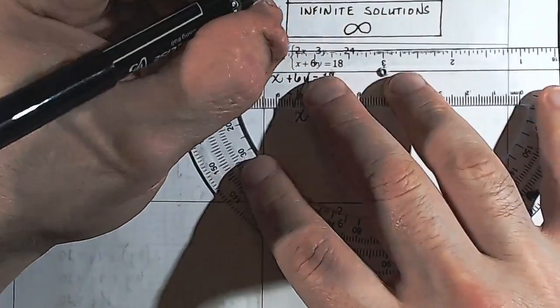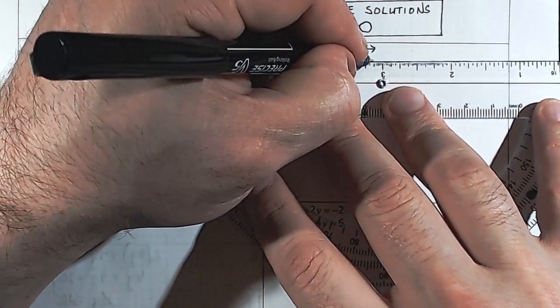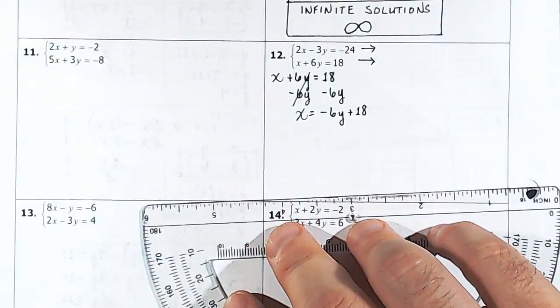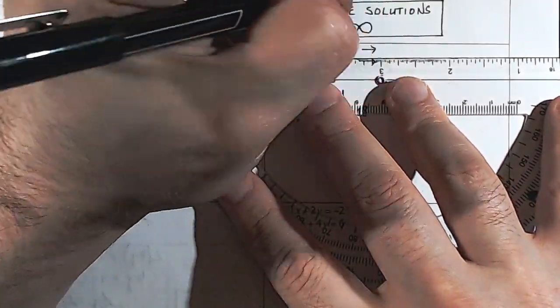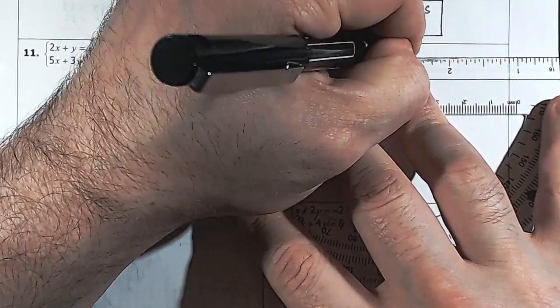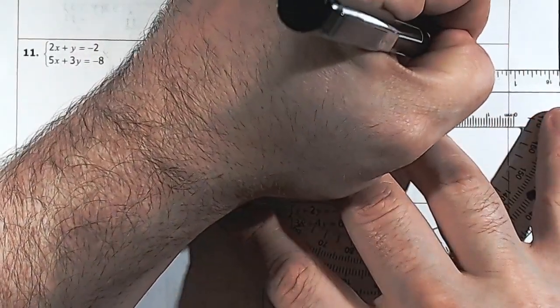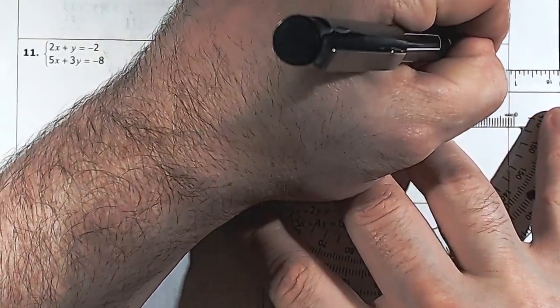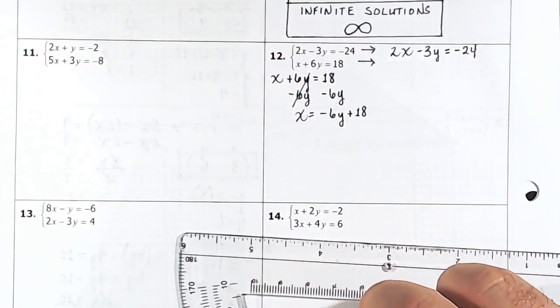Let's go over here and rewrite our system. So we're working with a clean slate. We didn't touch the top equation, did we? So let's just rewrite it exactly as it appears. 2x minus 3y equals negative 24. And now we've got the new form of our equation.